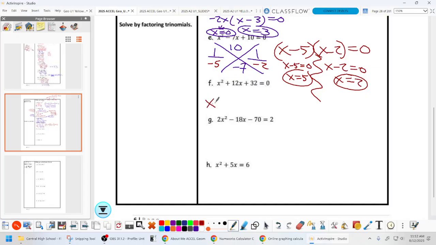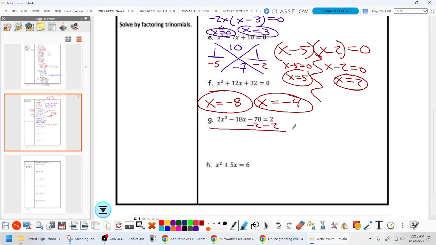You should have gotten x, what is this? Negative 8 and x equals negative 4, I believe. Okay, this one is not set equal to 0, so what's step 1? Yeah, subtract 2 over. Remember I said algebraically move things around? And then what else do you need to check for in this one? Yep.